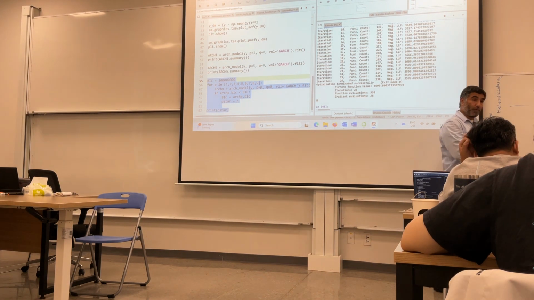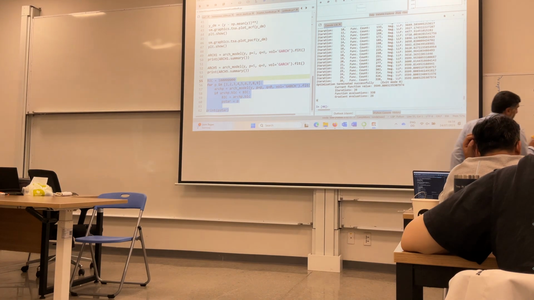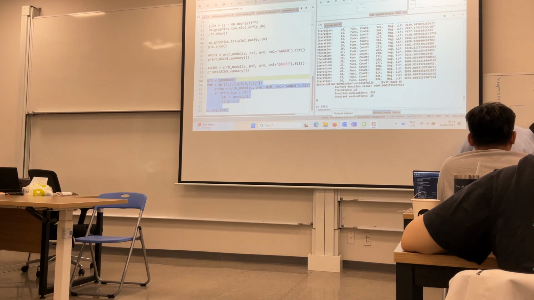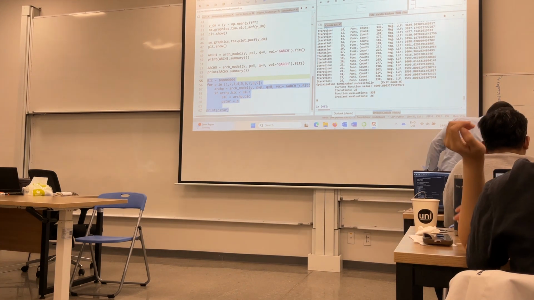Start with the GARCH(1,1). I want to know what happens, just to see what is this generalization. What does it mean? What type of model is behind it?